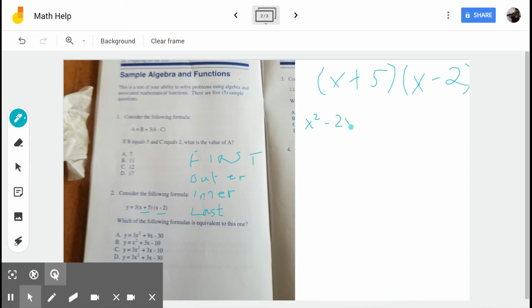Again, the sign stays with it. Then we have the inner terms, 5 times positive x gives us plus 5x. And then finally we have our last terms, so 5 times minus 2 gives us minus 10.